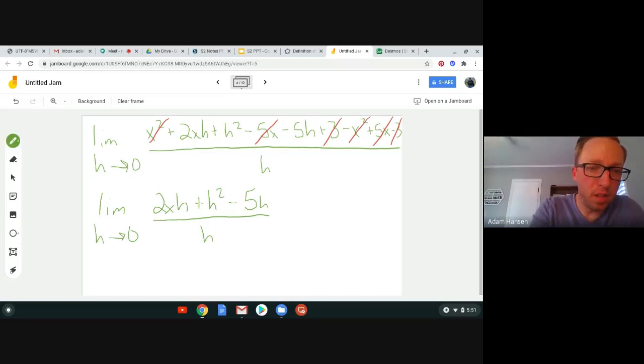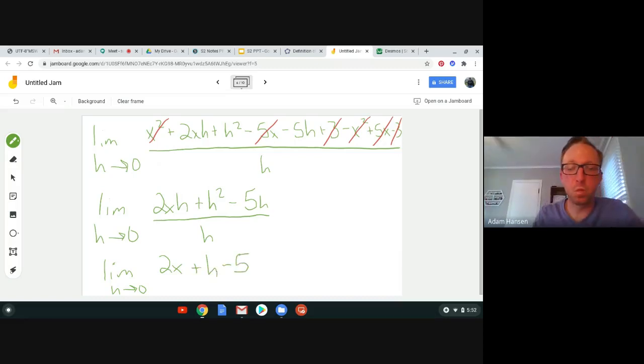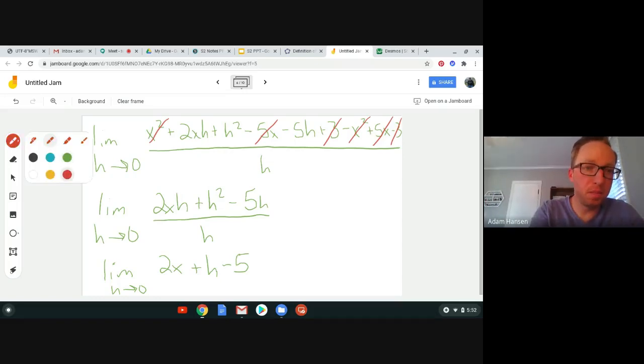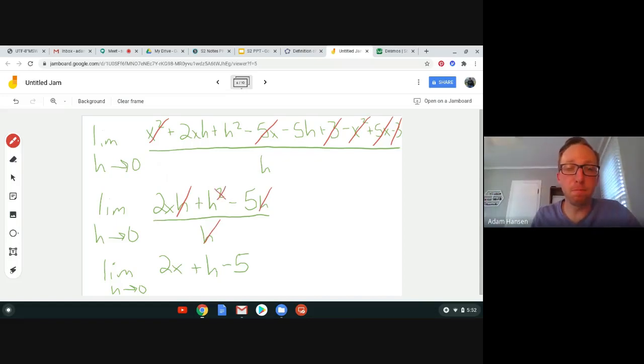So that's going to give me the limit as h goes to 0 of 2x plus h minus 5. I divide it out. This h, this h, this h, and one of those two h's in h squared.